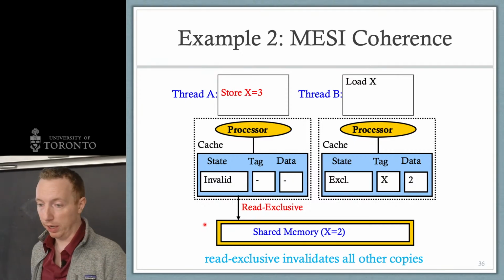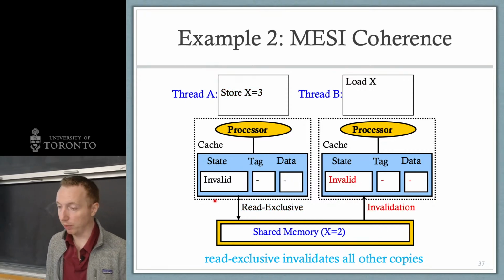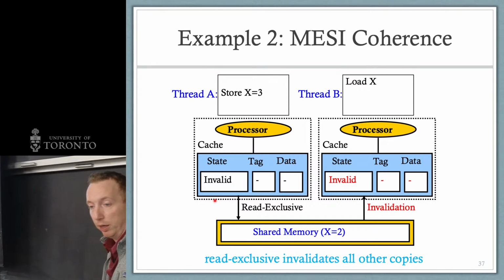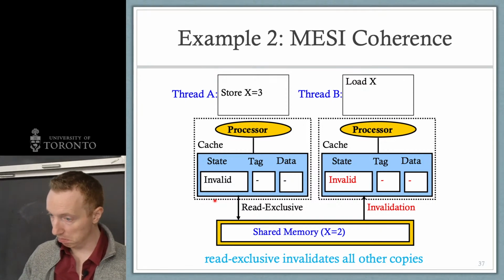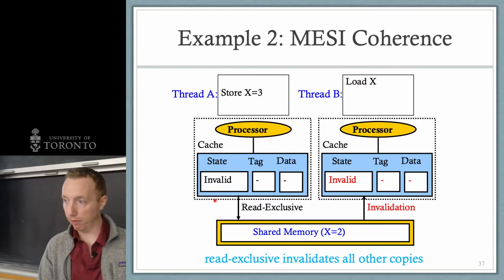Invalidate anyone else's. So in this case, it would just straight up invalidate any one that had it open for exclusive that did not modify it yet. So it doesn't have to do any write back or anything like that. Just straight up invalidate it.